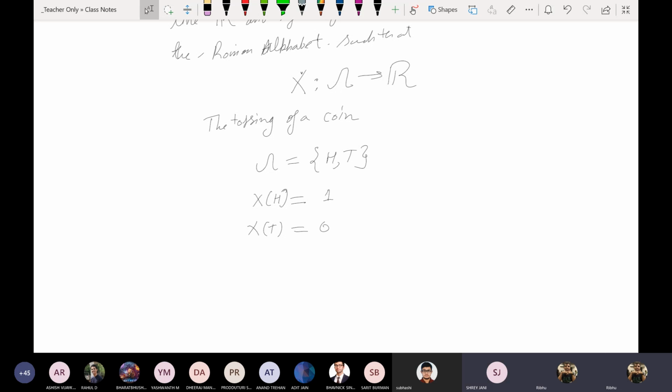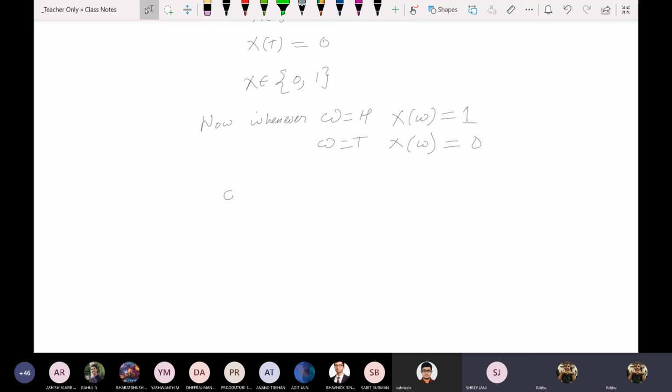So this X can actually take value 0 or 1. Whenever omega equals heads, X of omega equals 1, and whenever omega equals t, X of omega equals 0.